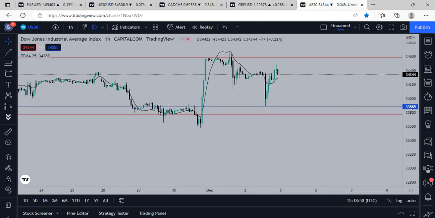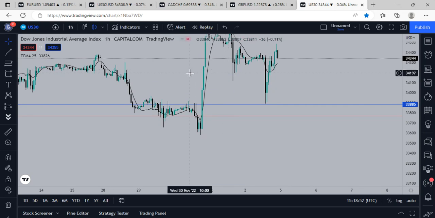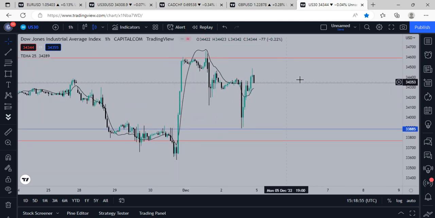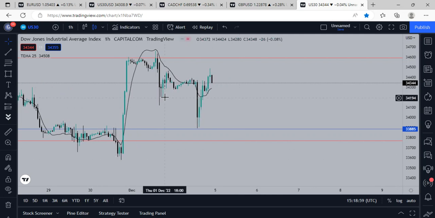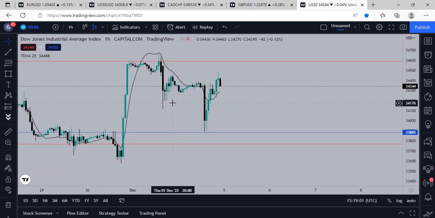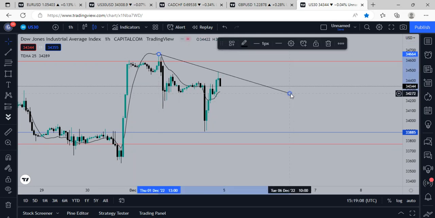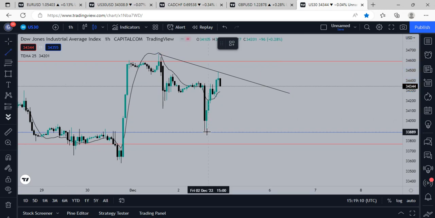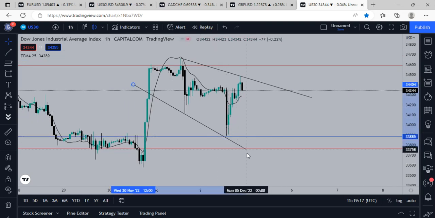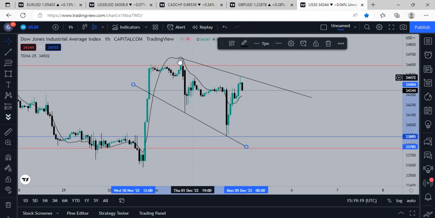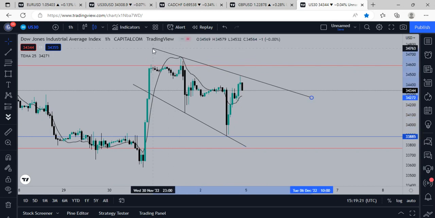And if I jump to my 1 hour time frame, what I see here is a trend line. I see a trend line in this area.